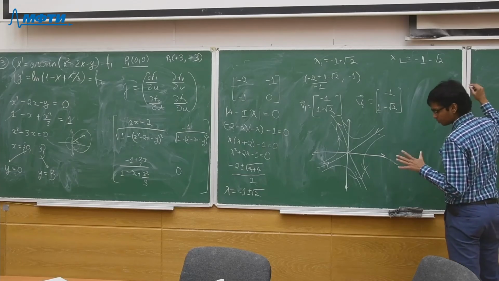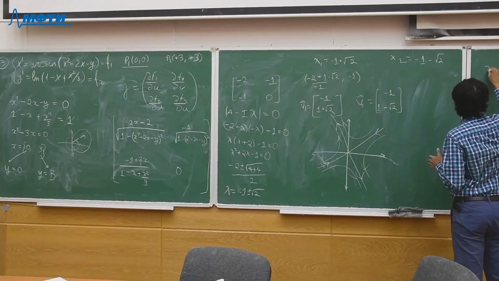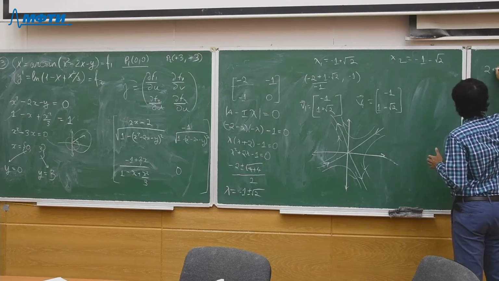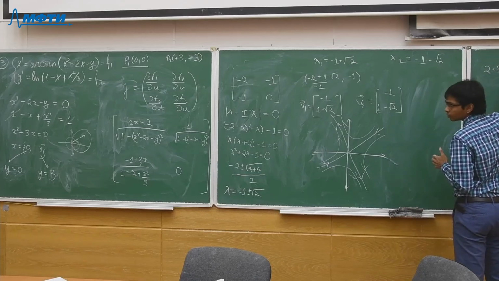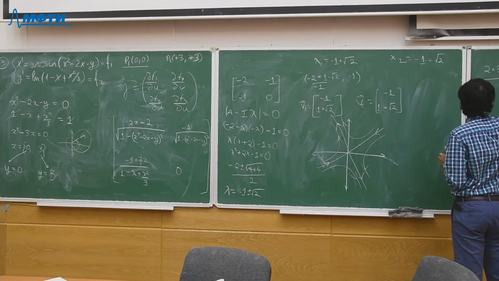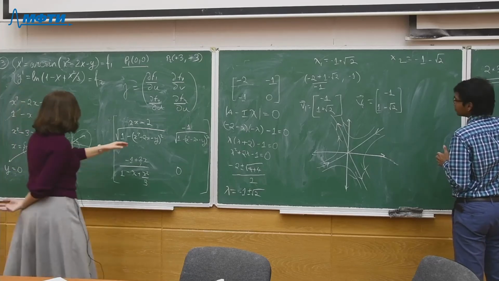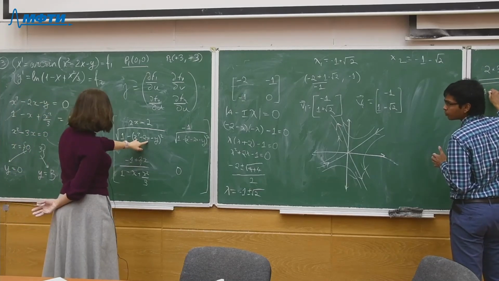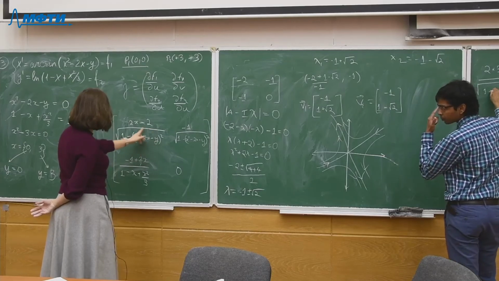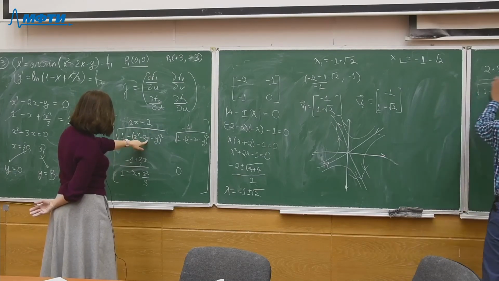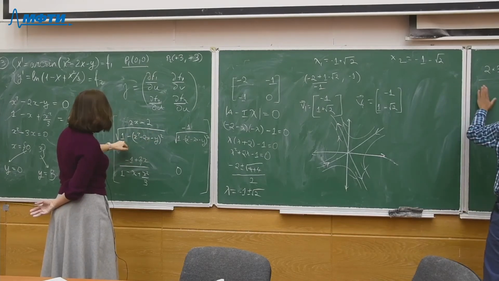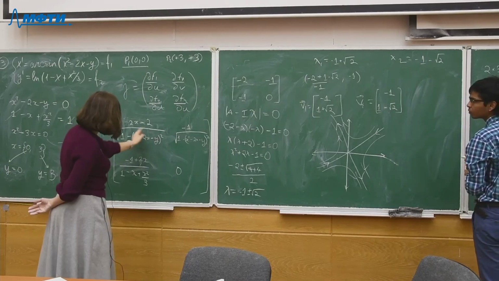So substitute 3, 3, and this is 0. X squared minus 2x is 3 minus 5, so divided by 1. So yes, this is 0.